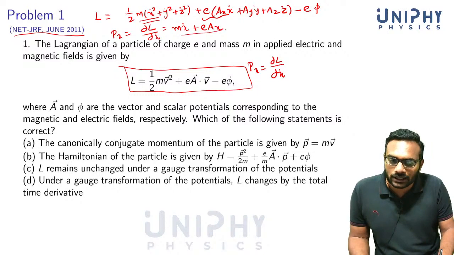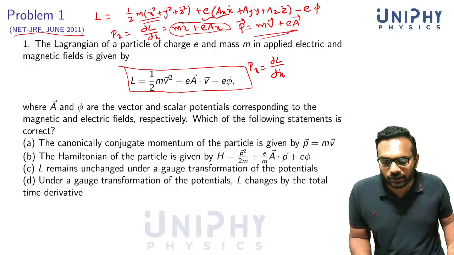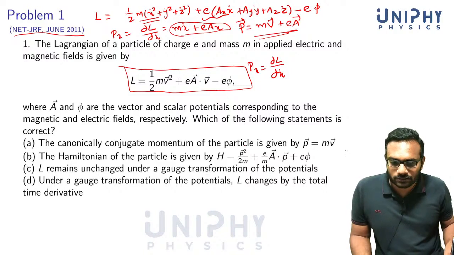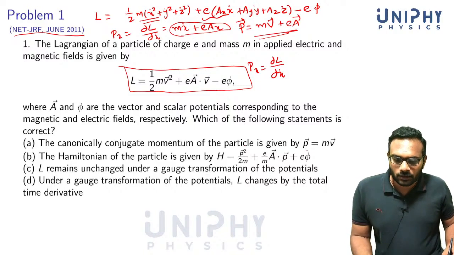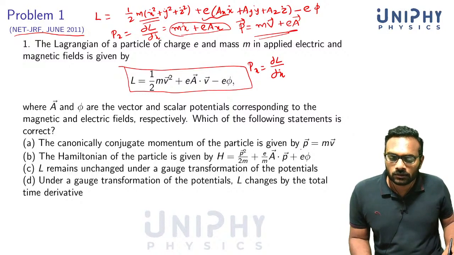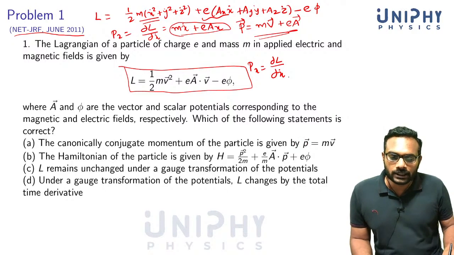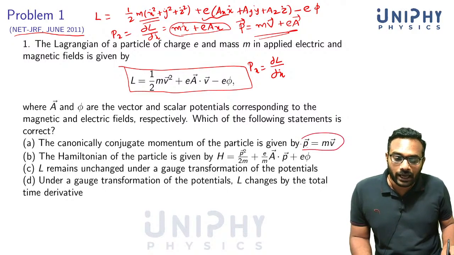So in total, you can write the canonically conjugate momentum as p vector equal to mv vector plus E A vector. That is the canonically conjugate momentum. So it is not mv vector. That is the canonically conjugate momentum and not p equal to mv vector.